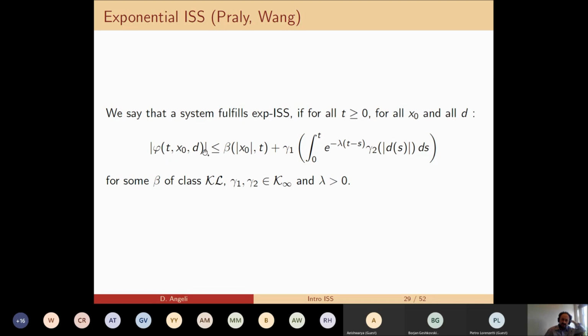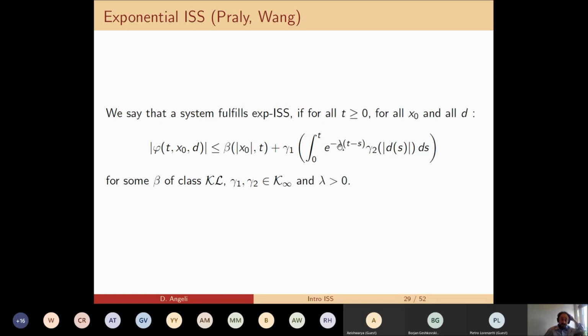So the solution here is again bounded, as for the classical ISS definition, by a KL thing, so some transient term in initial conditions fades away with time because it's KL, but something here will possibly survive, okay? And this something comes in as a convolution of a rescaled version of our input signal, again, to make notions invariant with respect to changes of coordinates, both in input and X space, if you like.